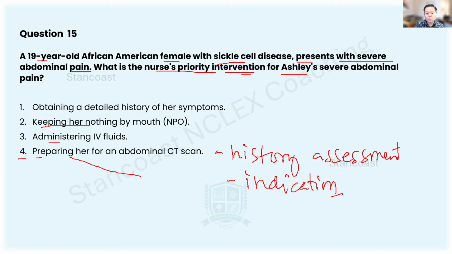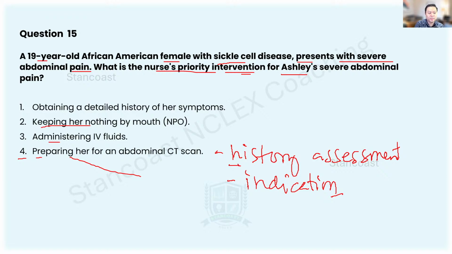Why are we going to order the CT scan? For what reason? Are we just doing this for compliance? No, we need to know the reason why it is indicated. So the reason or the purpose of the testing should be established first. And this is going to be done by history assessment.